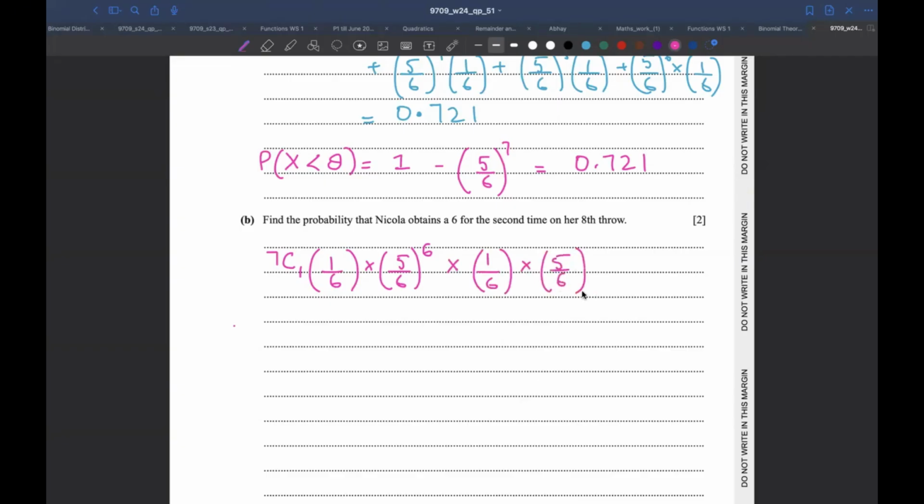Please substitute this in your calculators, and I will do so as well, and let's figure out what the answer is. So 1 upon 6, 5 upon 6, multiplied by 7C1, which is 7, multiplied by again 1 upon 6, and then multiplied by, you put a bracket, and that will become (5 upon 6) to the power of 6.